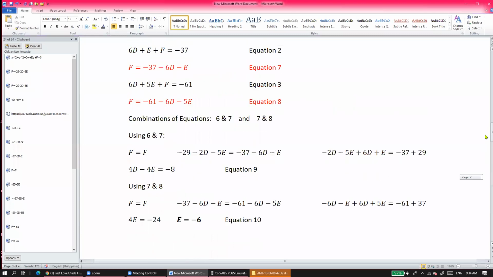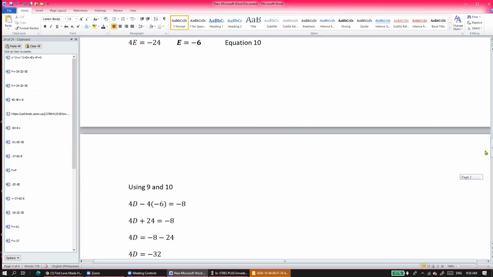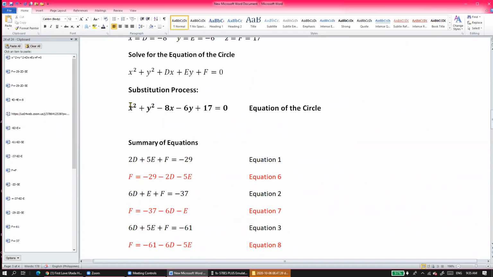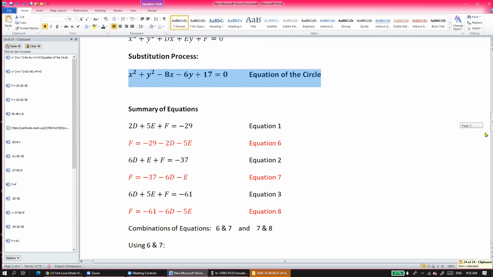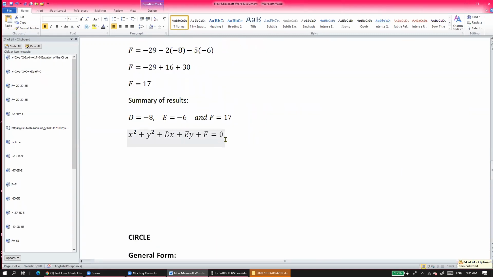At ito ang equation ng ating circle. Walang ipinagkaiba dito. After ng direct substitution, ito na ngayon ang ating equation of the circle. Na nahanap natin sa parang manumano naman. Kanina, direct sa calcu. At yan ang ating equation of the circle.